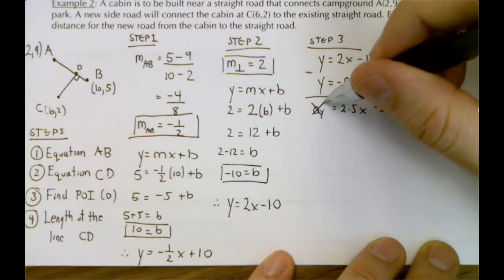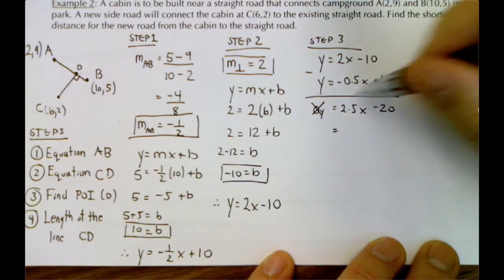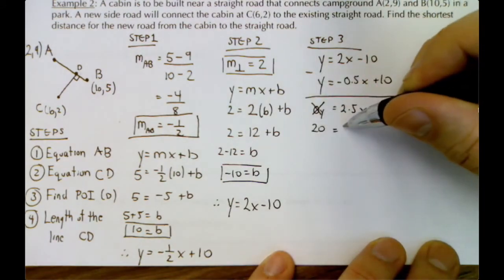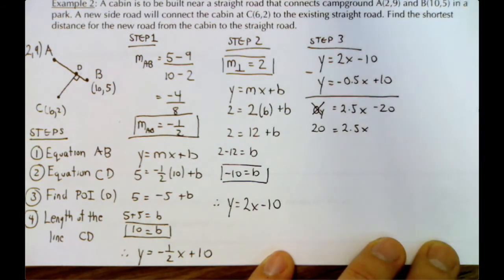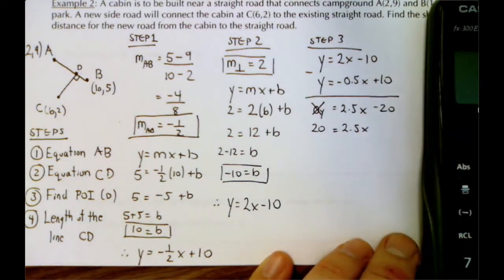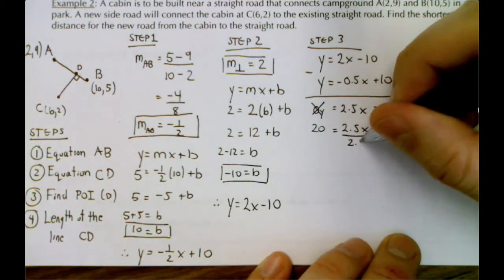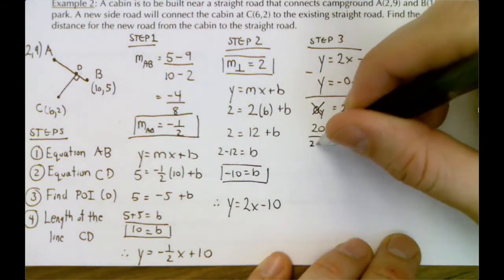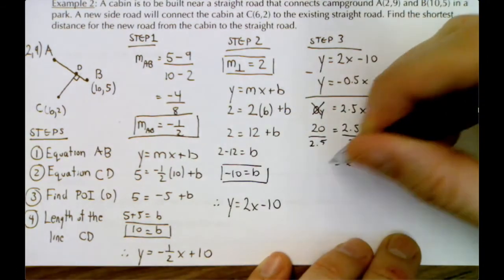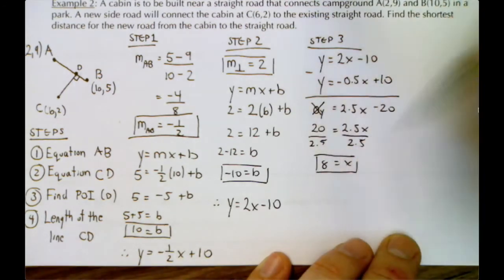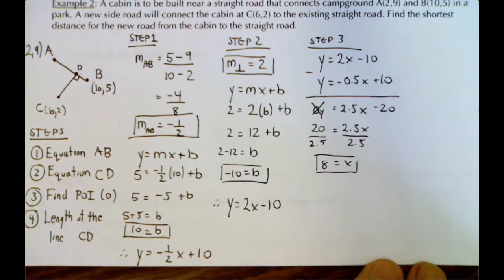The y was eliminated. Move the 20 to the other side. 20 is 2.5x. Do a little bit of math here. 20 divided by 2.5 is 8. So now we've got x is 8.